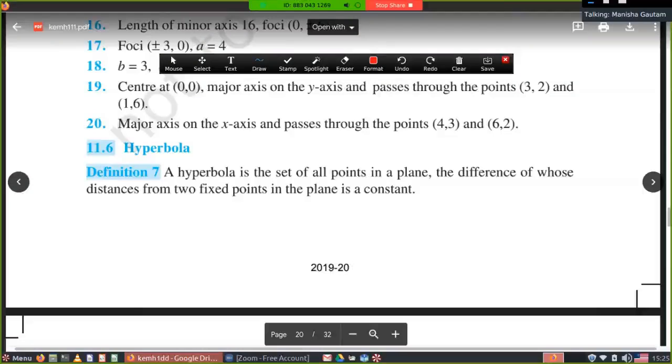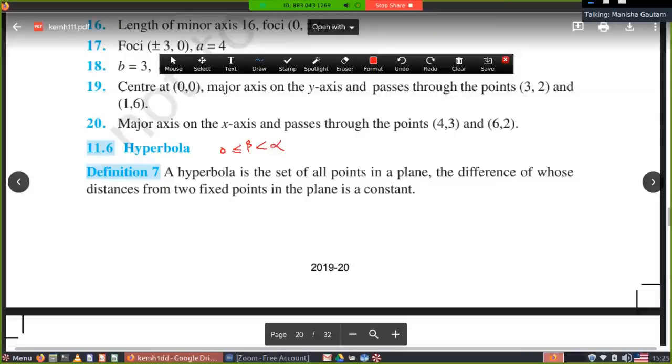As I've told you for the parabola, circle and ellipse, for this curve the relation between alpha and beta is that beta is always greater than or equal to 0 and less than alpha.